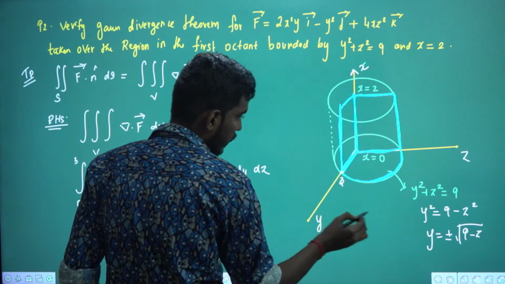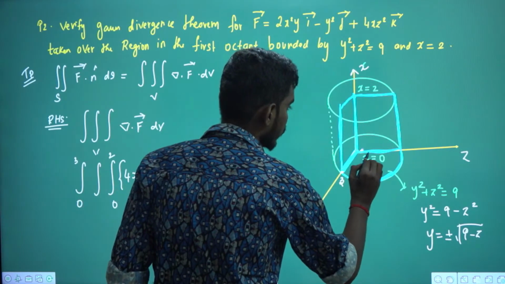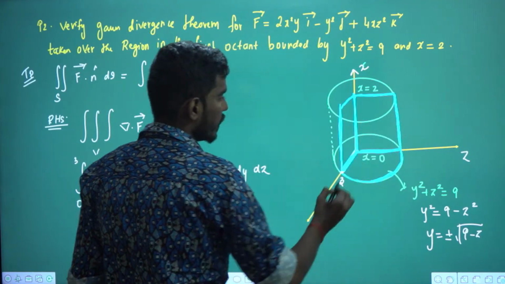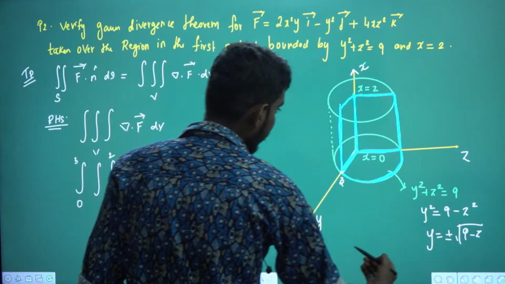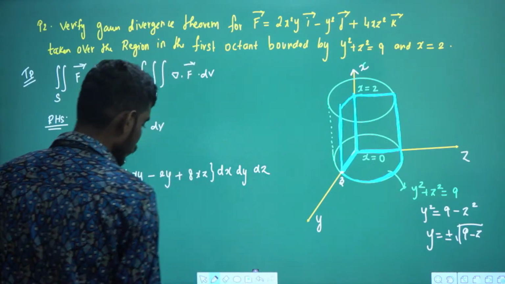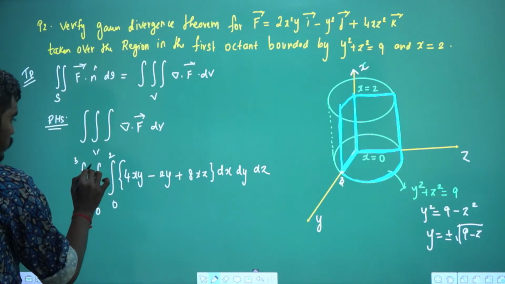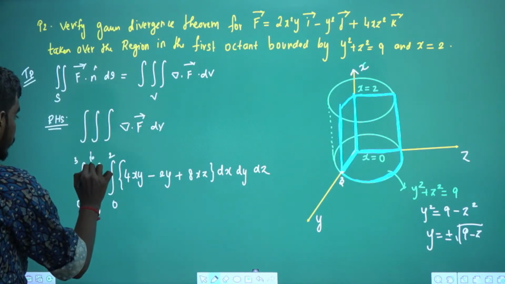What I'm doing here is varying z from 0 to 3, and treating y as a variable. You should not take plus or minus; y varies only from 0 to root of 9 minus z square, because it is the first octant. Is it clear?